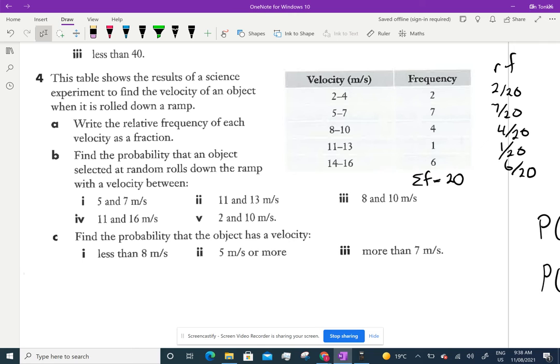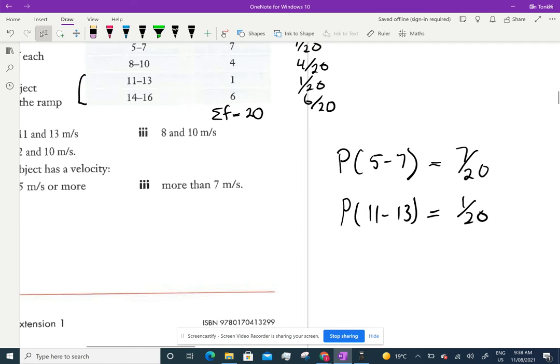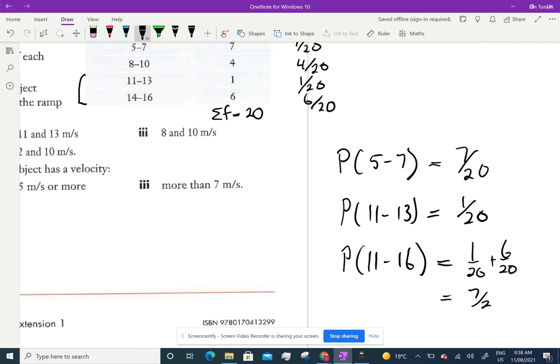Okay, all of a sudden, 11 to 16, we're taking these two. So the probability of 11 to 16 is 1 on 20 plus 6 on 20, 7 on 20.